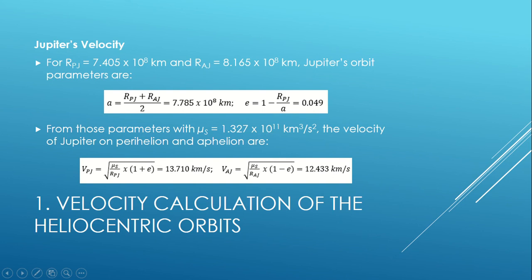We also get that the eccentricity is 0.049. With mu sun 1.327 times 10 to the power of 11, we get that the velocity at perihelion with this calculation is 13.710 km per second, and its aphelion is 12.433 km per second.